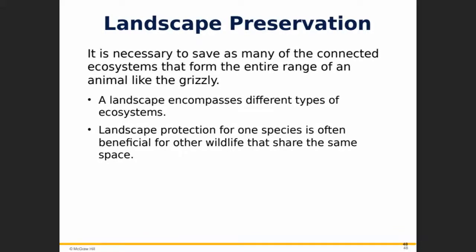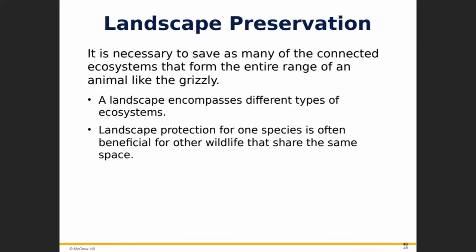We talk about the landscape and how it encompasses different types of ecosystems. An area called the Greater Yellowstone ecosystem, where bears are free to roam, has been defined.